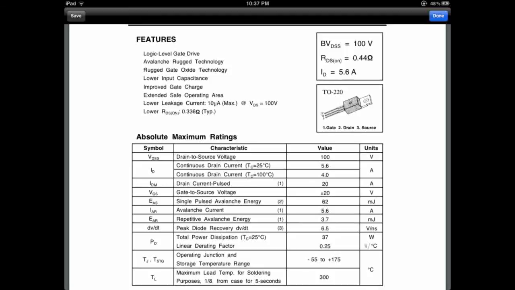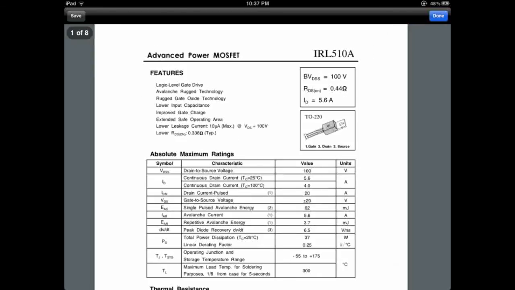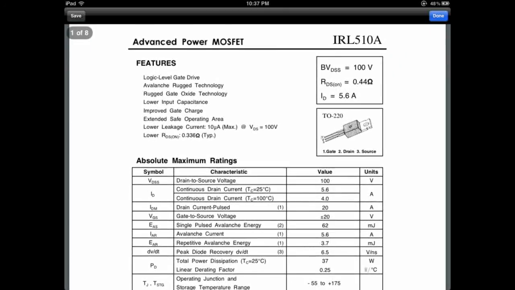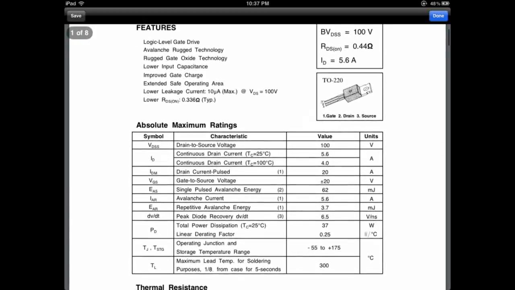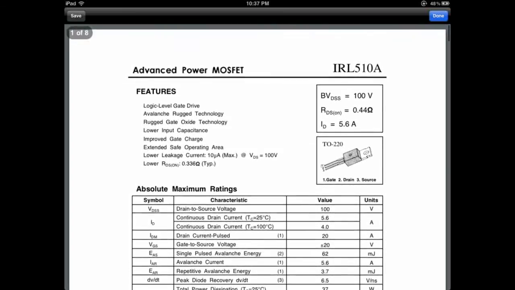N channels are basically positive logic. 5 volts gate to source turns them on, 0 volts turns them off. And a P channel, 0 volts gate to source turns them on, and 5 volts gate to source turns them off. P channels are high side switches, N channels are low side switches. And I think that's pretty much it that I wanted to show you about MOSFETs.